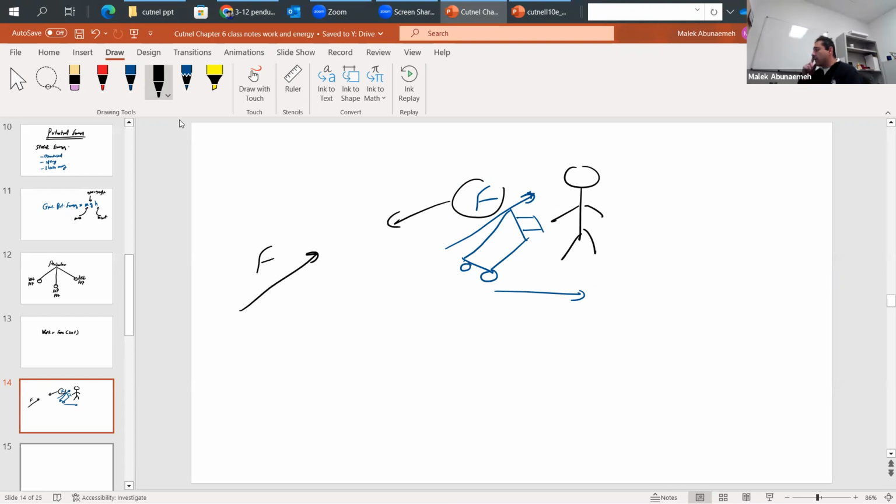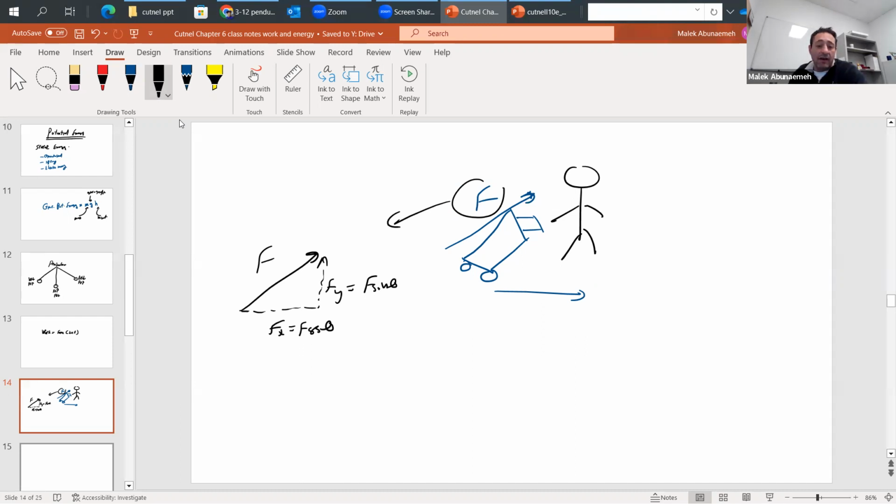And then we learned from before that this force is the resultant of your F in the Y direction and F in the X direction. This is defined as your F sine theta, F cosine theta. Now, you are moving in the X direction.